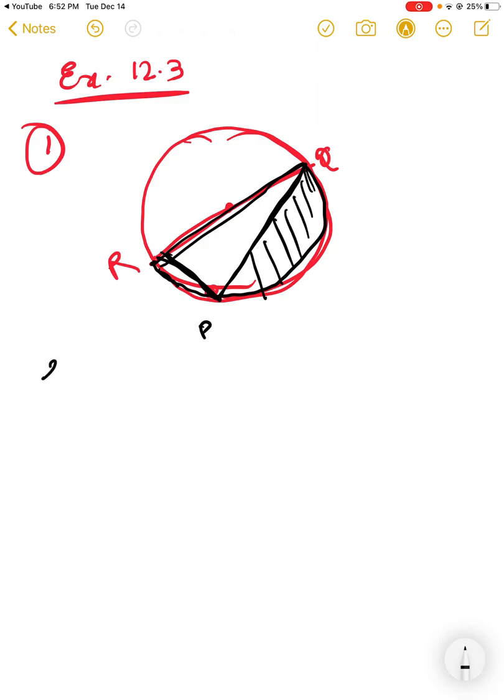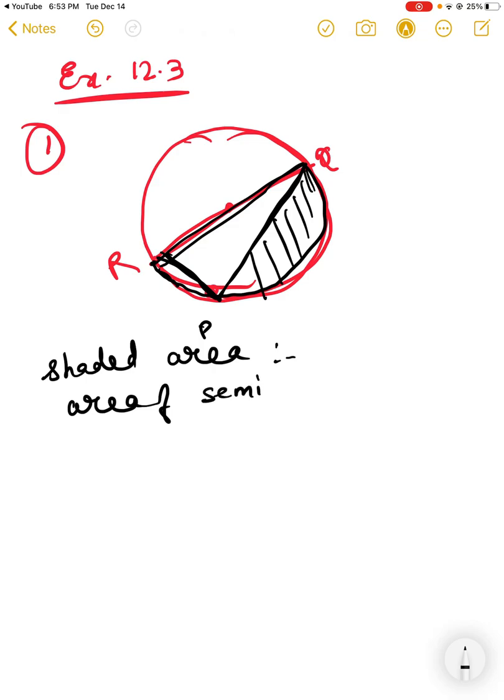Okay, now the shaded area is equal to the area of the semicircle minus the area of the triangle.